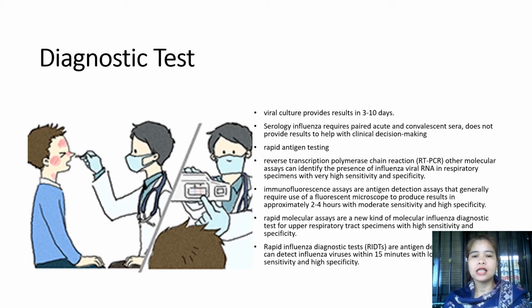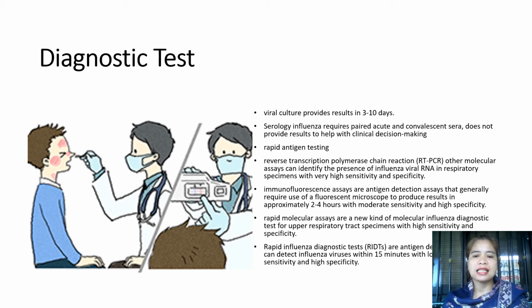However, certain serologic influenza requires paired acute and convalescent sera, so it does not provide results to help the clinical decision making. We can also do rapid antigen testing, reverse transcription polymerase chain reaction, and other molecular assays can identify presence of influenza viral RNA in respiratory specimens with very high sensitivity and specificity.